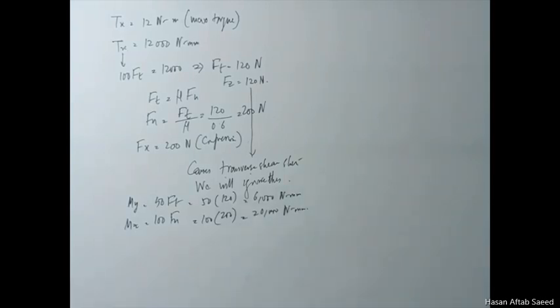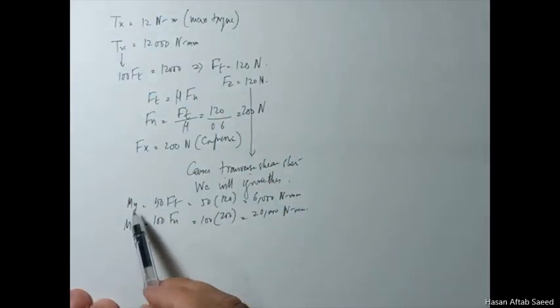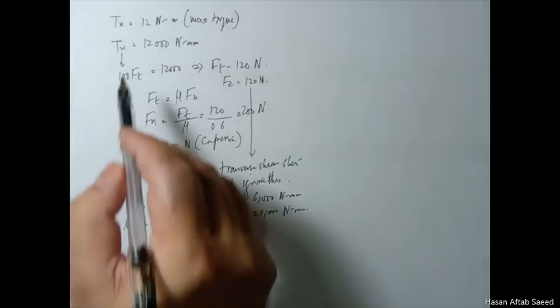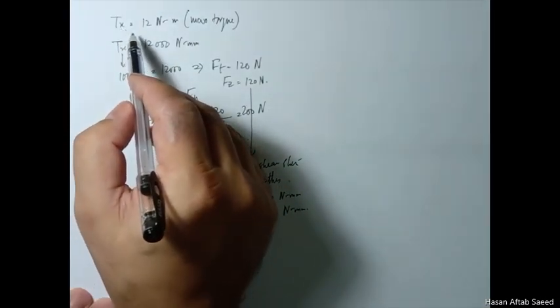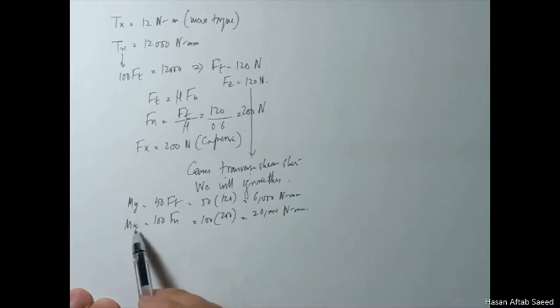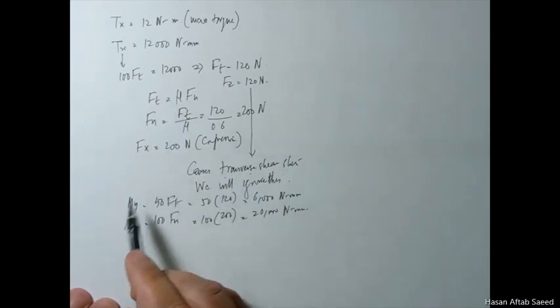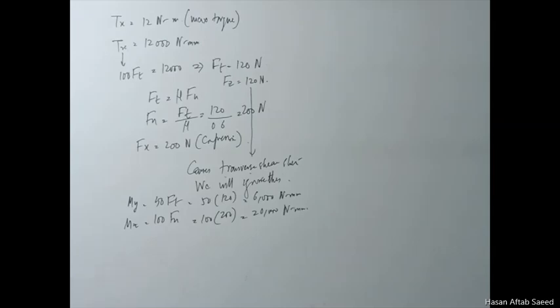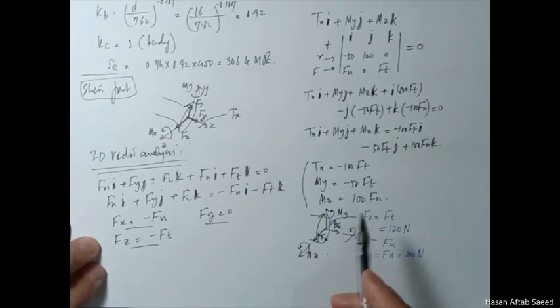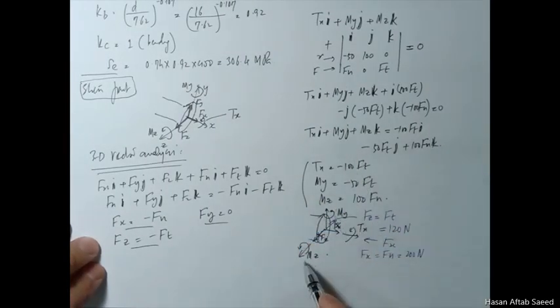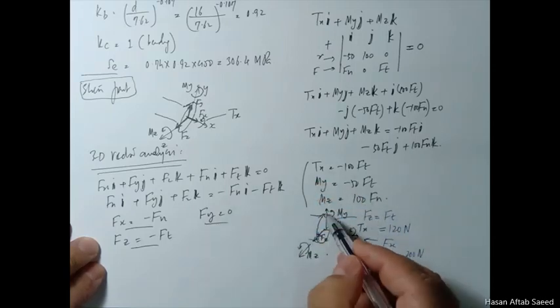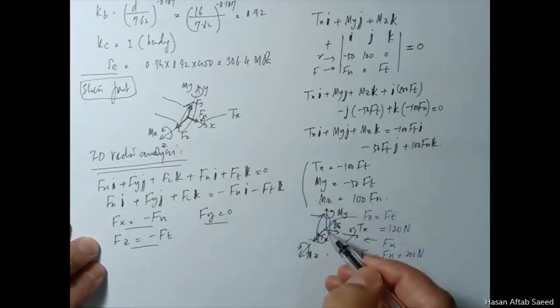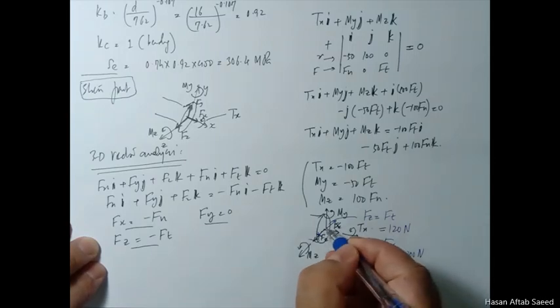Now what is happening here is there is a torque and there are two bending moments. This torque causes shear stress. These two cause bending moment, because these are at 90 degrees. Again, let's see here. This causes a bending moment like this, and this causes a bending moment like this. But these are in the same plane, 90 degrees apart. You can have a resultant of the two, because these do the same thing.